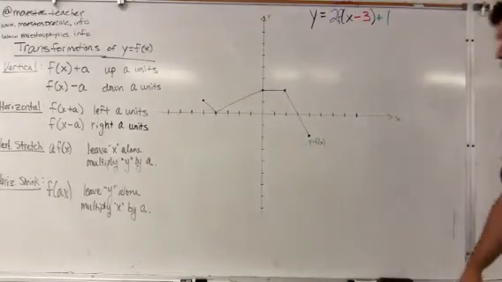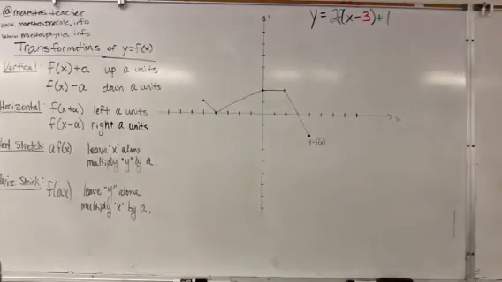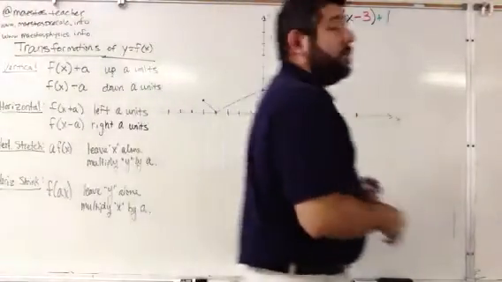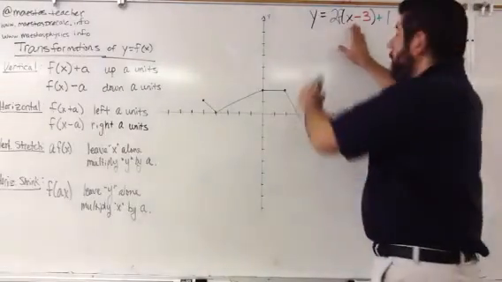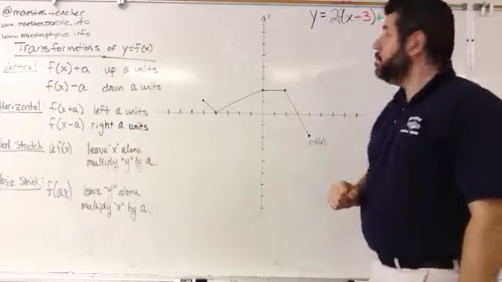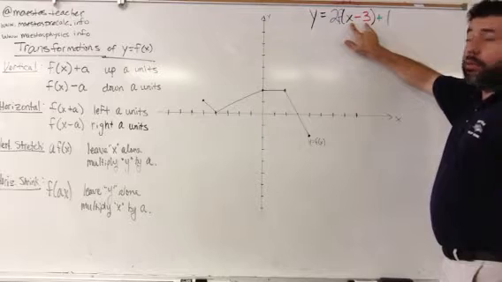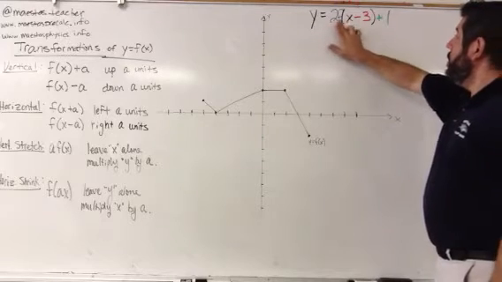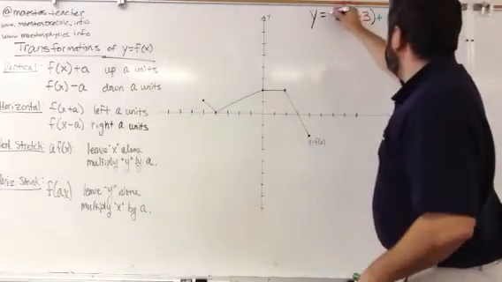I always say that the best way to do these is to start from the inside out. So we start inside and then work our way out depending on what we're doing to that function. So we're going to start with the minus 3 inside the parentheses of 2 f of x minus 3 plus 1.